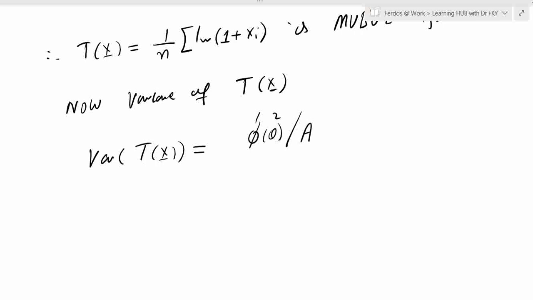This means that take the first derivative of the function of the parameter, take the square and divide by a. Simple. So this is equal to theta minus 1.